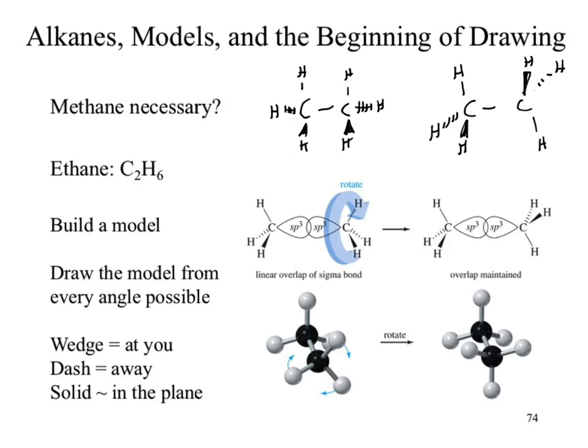So if we really quickly do that, ignore the colors. The structure on the left is being shown with this model. Notice we've got our hydrogens going up in the same plane of the paper as our carbon connection. We have two atoms that are coming towards you, two atoms going away.